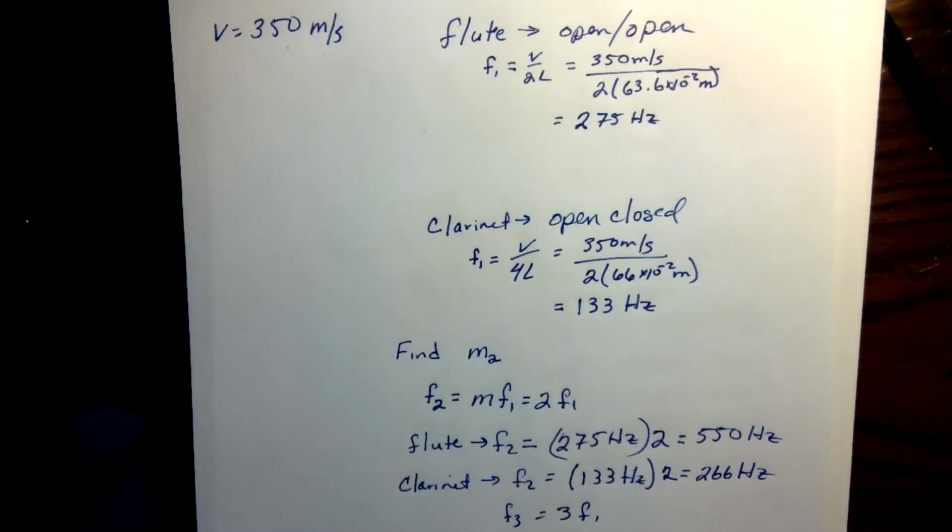Wind instruments, same thing. You have your frequencies, depending on whether it's open, such as a flute, or open-closed, and you find higher harmonics. So you can do things like overblowing an instrument to produce higher harmonics within it. We're not about loudness yet, so we're going to skip this slide for now.